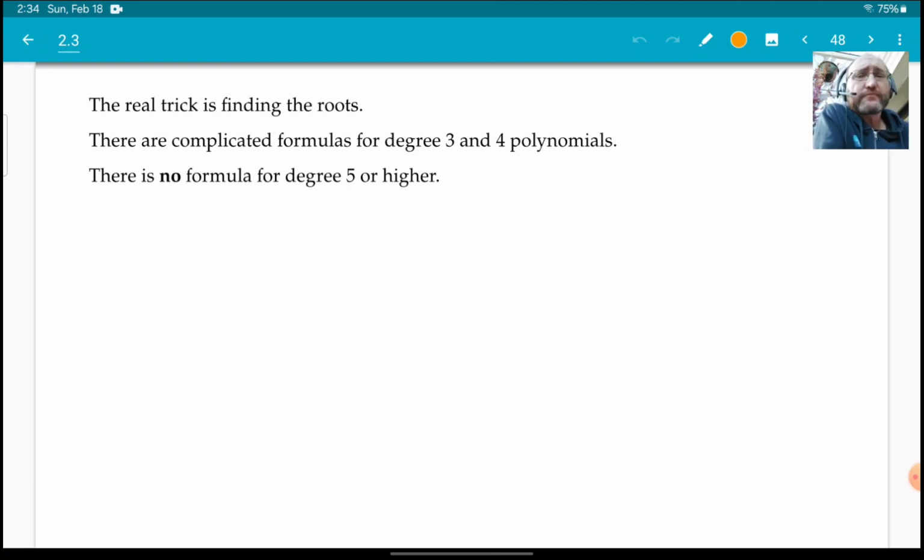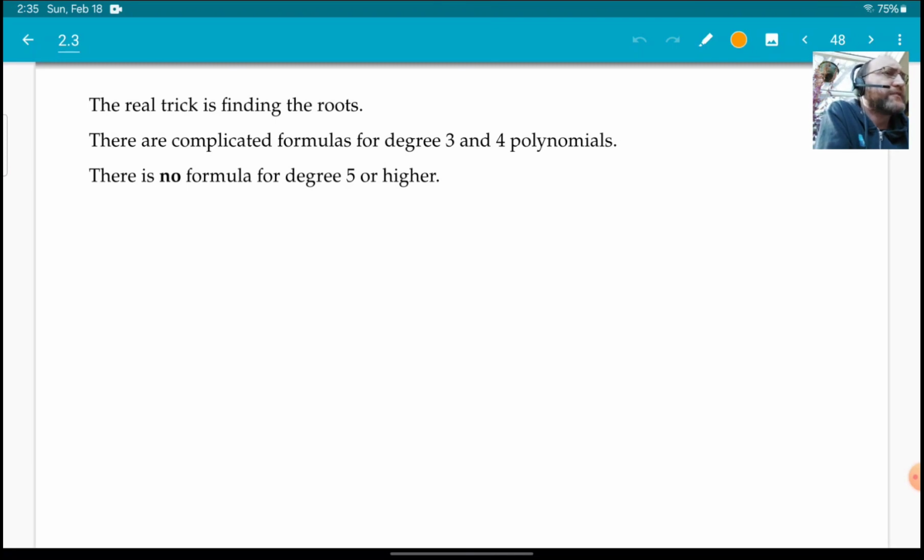So you can find them numerically, or it's hard. It's basically impossible to really do in general completely exactly, right? We have lots of ways of doing it approximately.